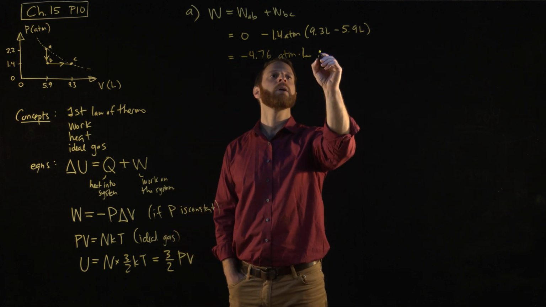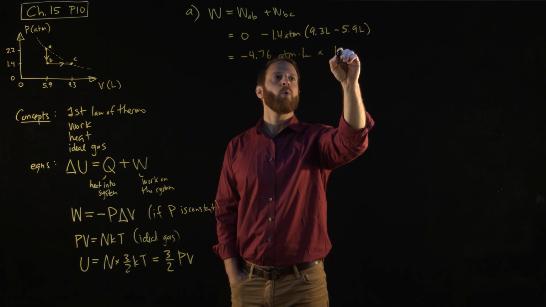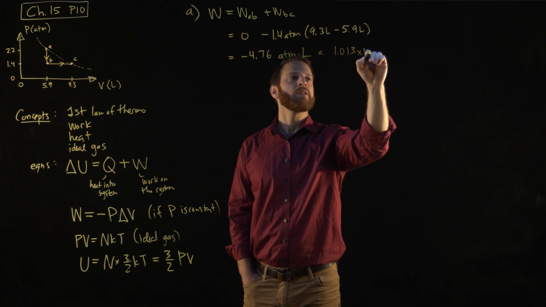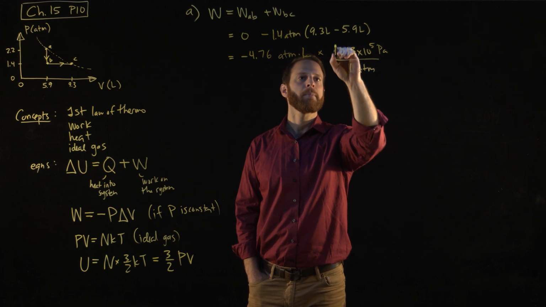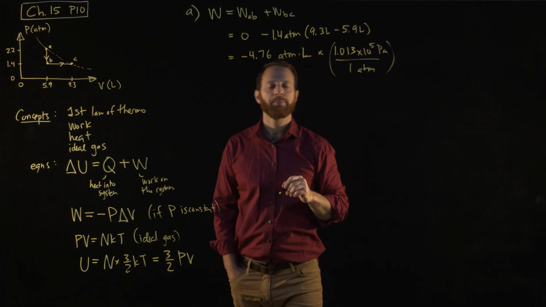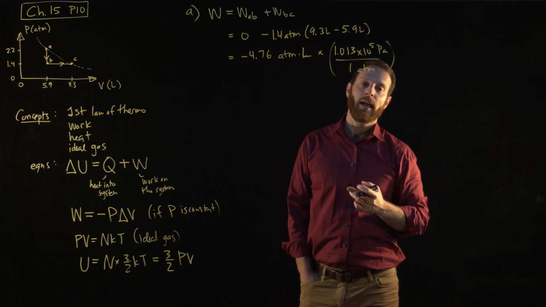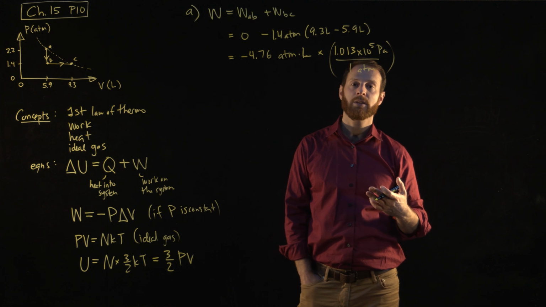It's pascals. So let's remember that 1 atmosphere is approximately 1.013, I'll go ahead and put that in there, times 10 to the 5 pascals for every 1 atmosphere. And then a liter is 1,000 milliliters, and each milliliter is a cubic centimeter.